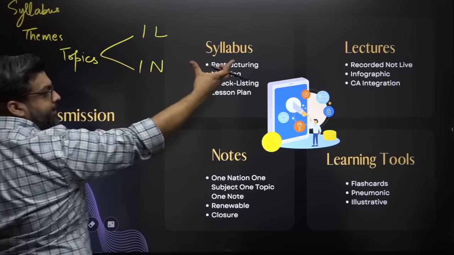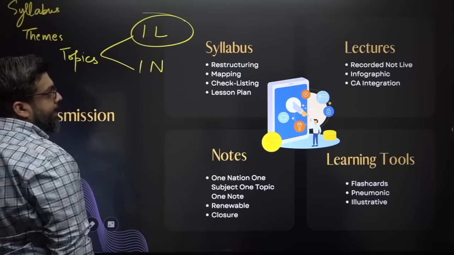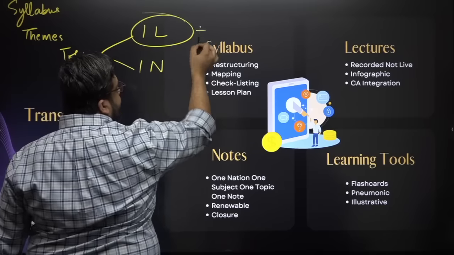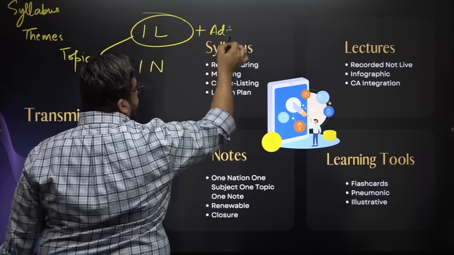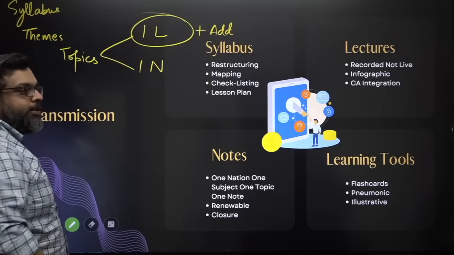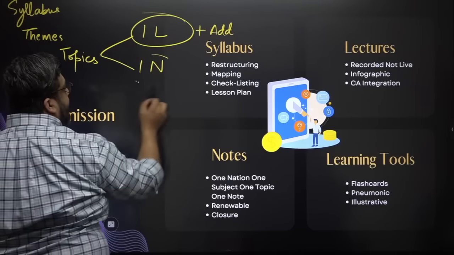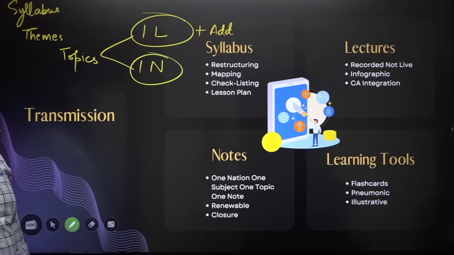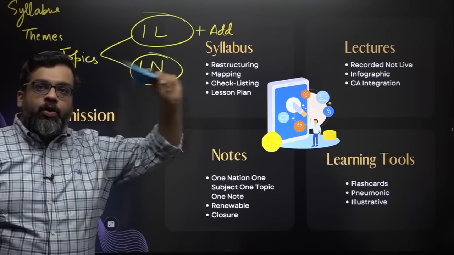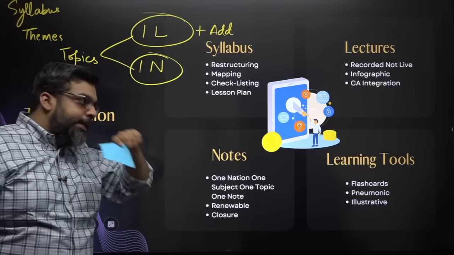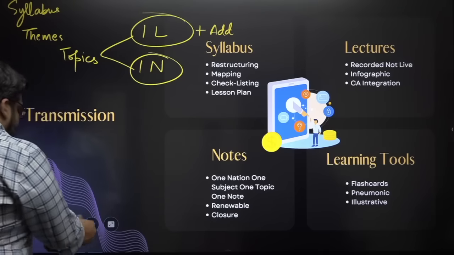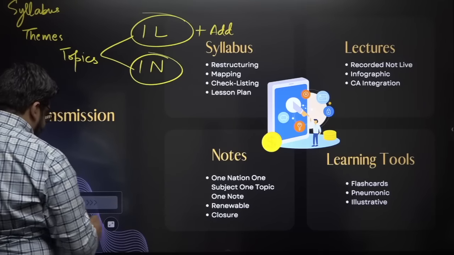If there is a massive change, I'll replace the lecture entirely. If it's a minor change, I will add an addendum to the lecture in the same file, so it's easy for you to revise. The same applies to notes. It's that simple. So your learning is closed, comprehensive, yet relevant. So that's the basic idea.